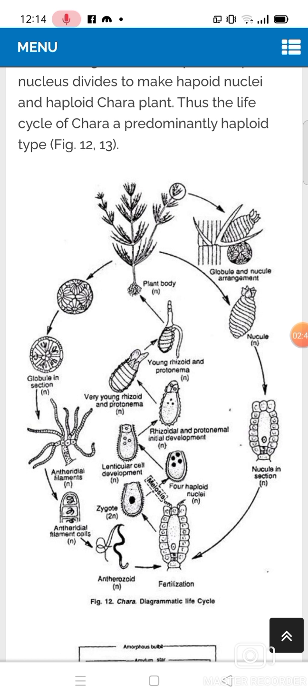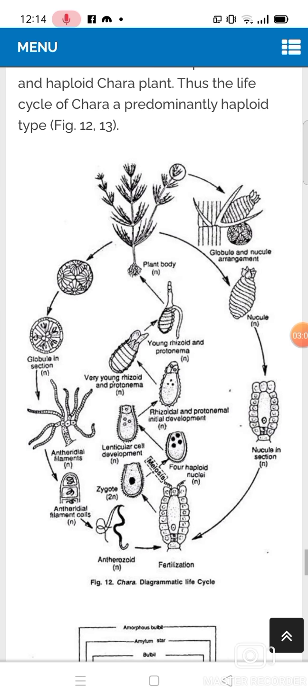The diploid zygote undergoes reduction division, meiosis, in which haploid cells are formed. After meiosis, 4 haploid nuclei are formed, and those 4 haploid nuclei further develop into the lenticular cells.